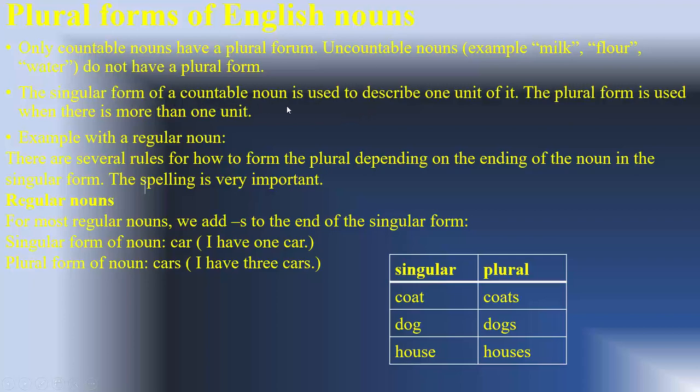The singular form of a noun is used to describe one unit of it. The plural form is used when there is more than one unit. With a regular noun, there are several rules for how to form the plural depending on the ending of the noun in the singular. This is a little tricky.